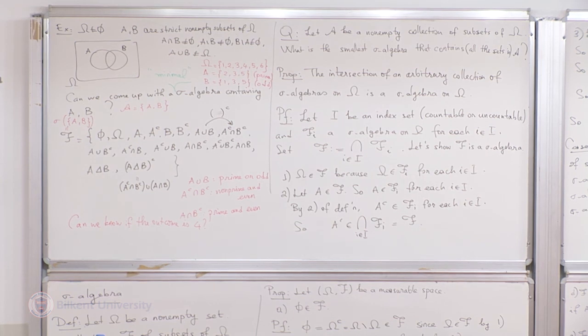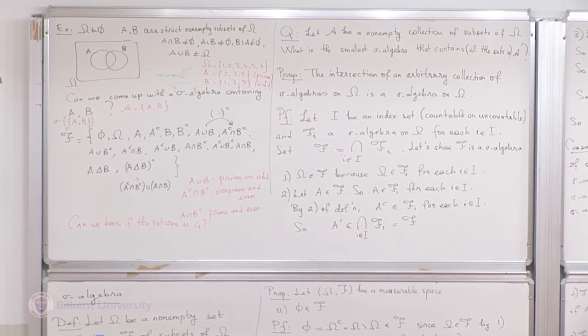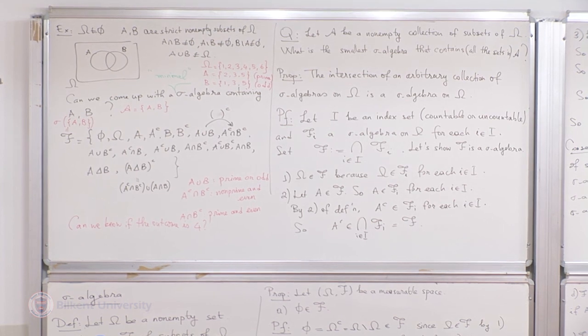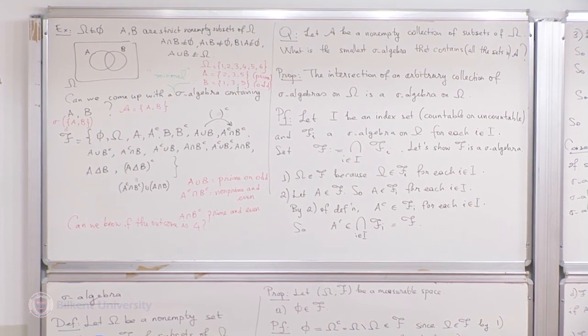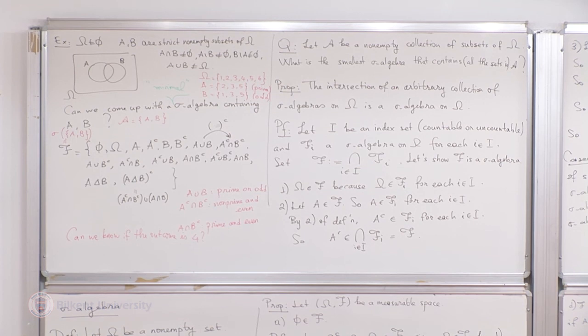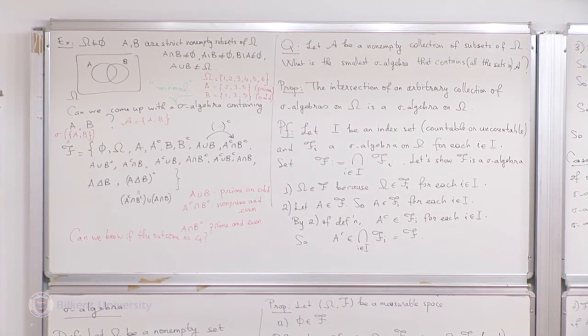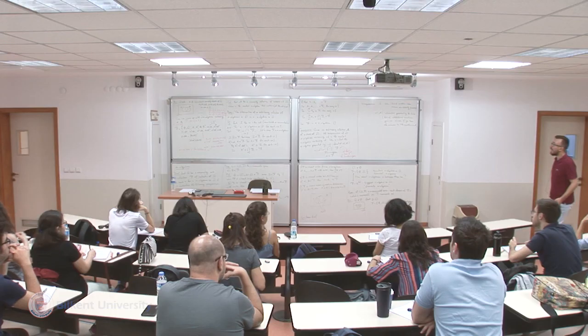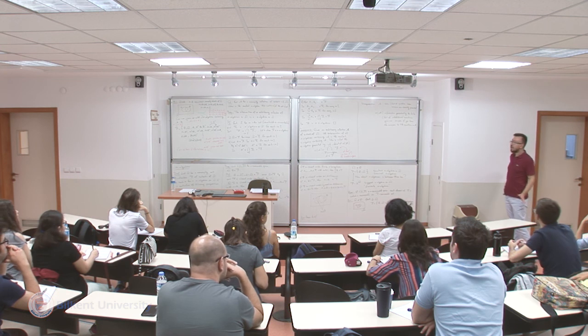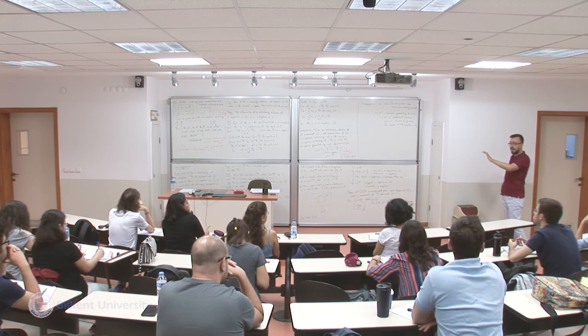Maybe you can say if it's one of 4 and 6, right? 4 and 6 is one of those events. But 4 as a singleton is not a set in the sigma algebra. It's not generated by the information of being prime and being odd. So it's not the whole power set. It's less than that.